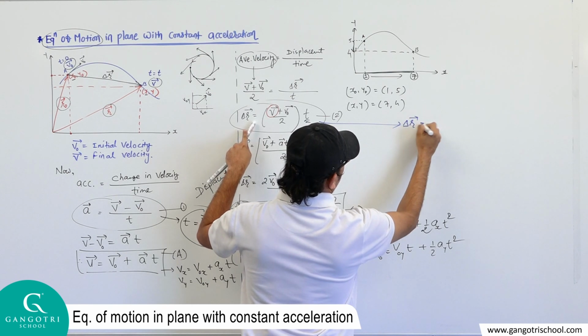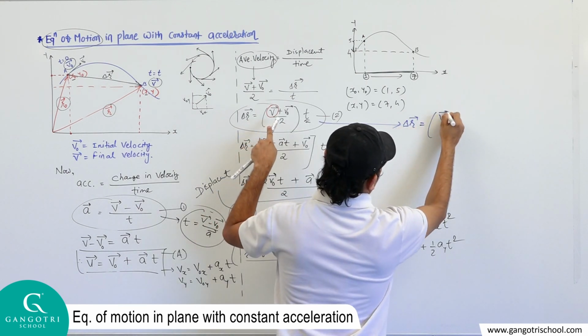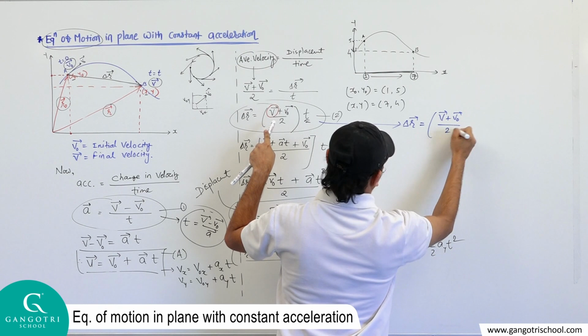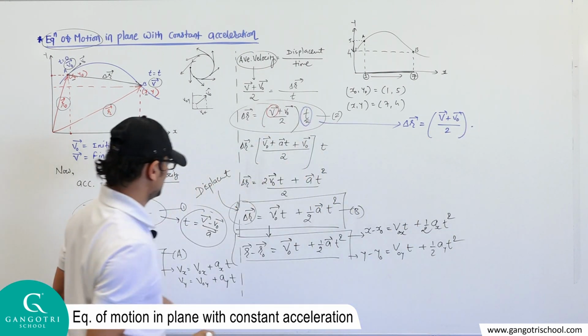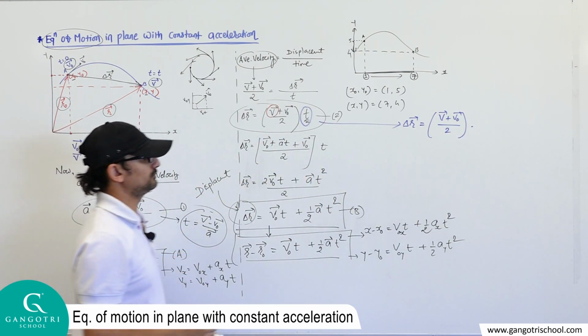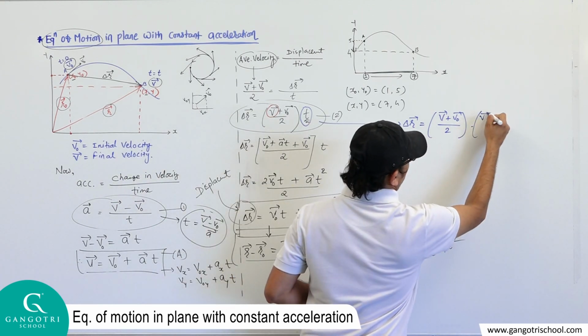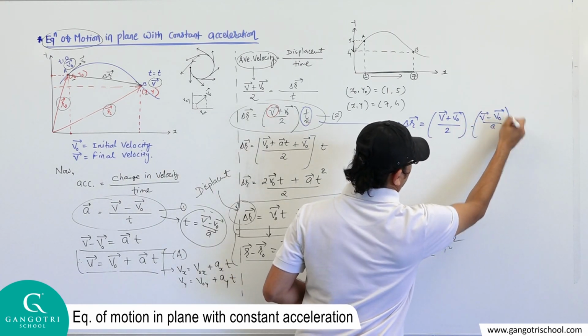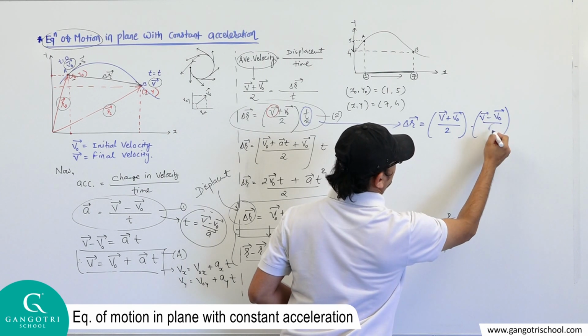Delta r is equal to (v plus v0) by 2 into t. But now the value of t is (v minus v0) upon a, where a is the acceleration.